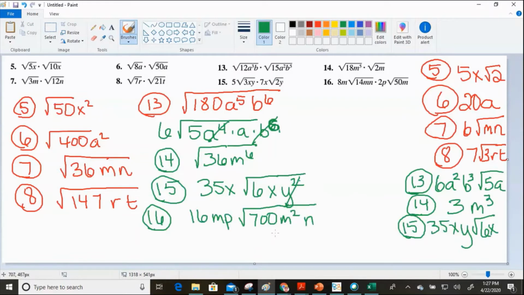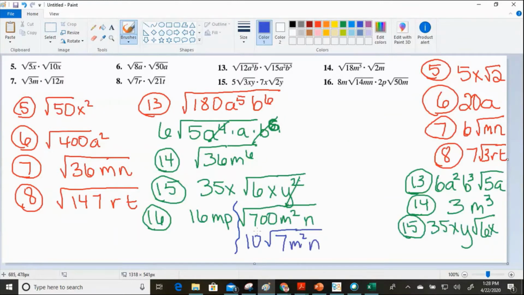Okay, so I have to square root my 700. I'm going to draw out my factor tree, and let me change some colors down here. So this part of it right here will be 10 times the square root of 7, M squared n. So from there, I can pull out.